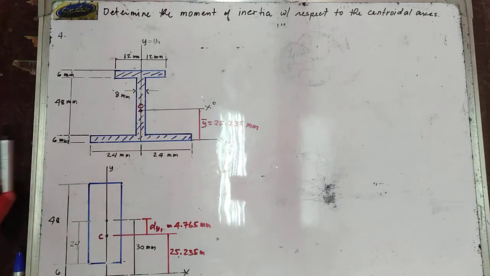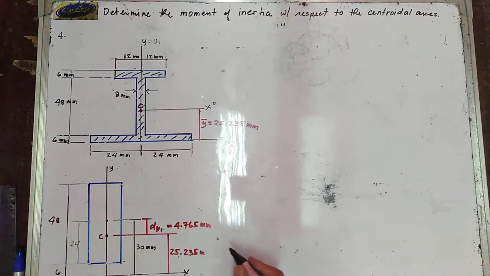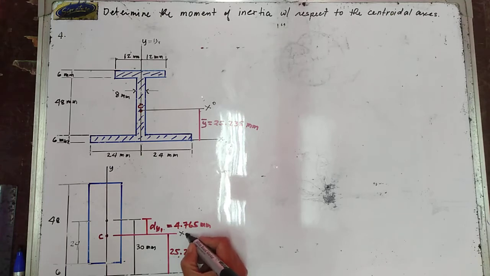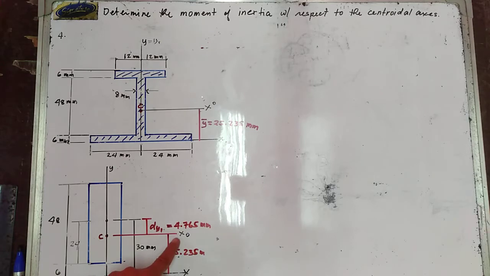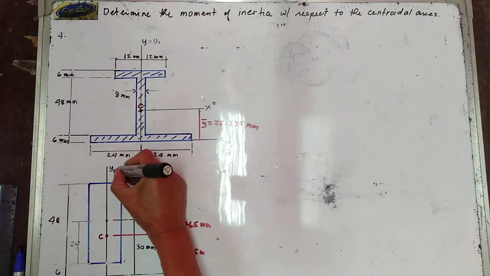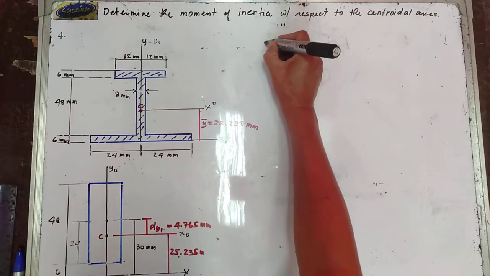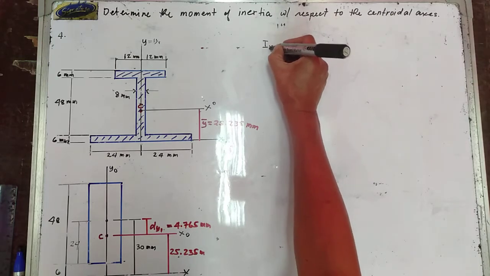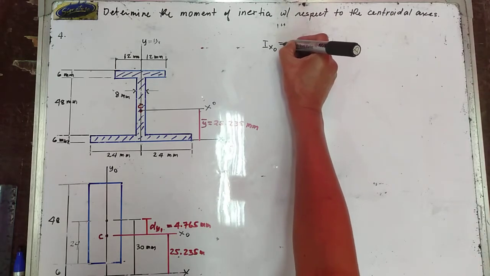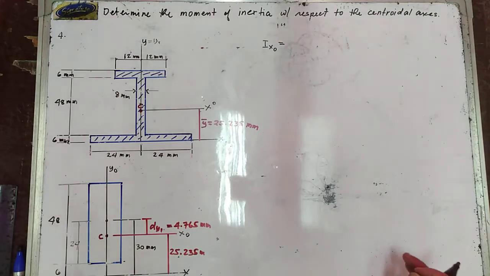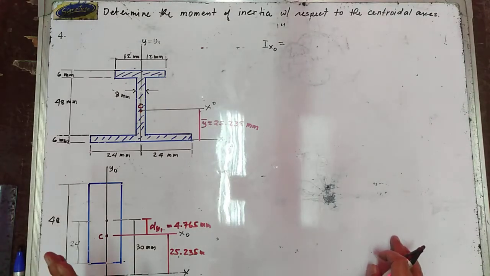Now, let us try to determine the moment of inertia with respect to x sub O and y sub O. So, the moment of inertia with respect to x sub O is now equal to, at this time, we will be using the parallel axis theorem, or the transfer formula for moment of inertia.